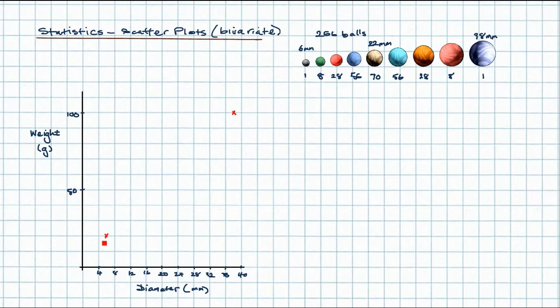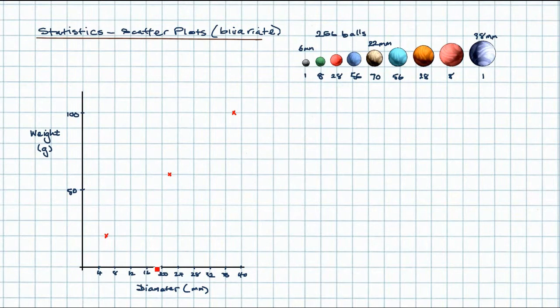And all the other balls are going to go up, we would expect, in a straight line between these two. So in other words, my 22 millimeter ball is going to be plotted at 60 grams.